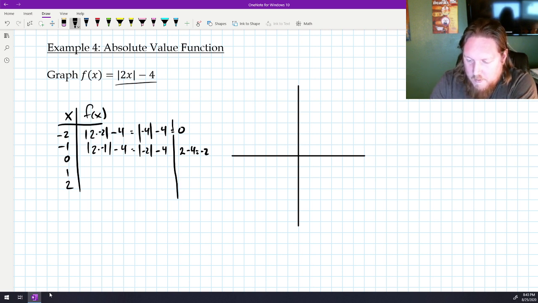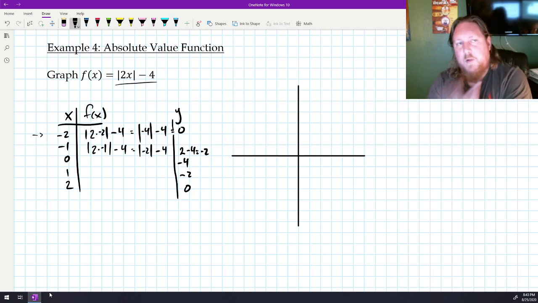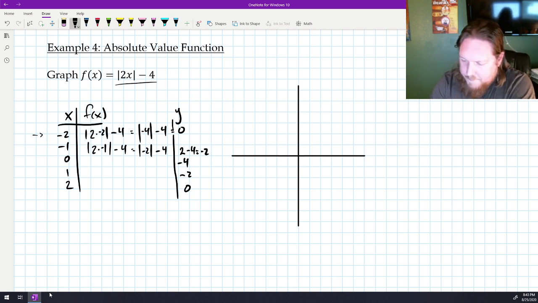And I get negative 4. And an interesting thing that happens on the way up here is I get negative 2 and 0 again. So all across these rows I've got my coordinates. So these are my y coordinates out on the right here. So I'm just plugging it in and finding a bunch of values.